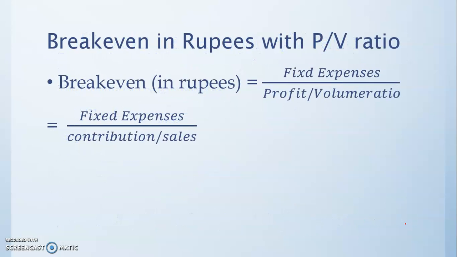So the break-even value in terms of PV ratio will be fixed expenses divided by the profit volume ratio, or fixed expenses divided by the contribution by sales. This brings us to the end of the segment on break-even analysis.